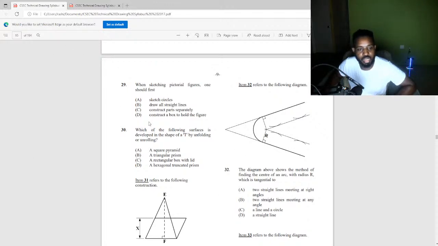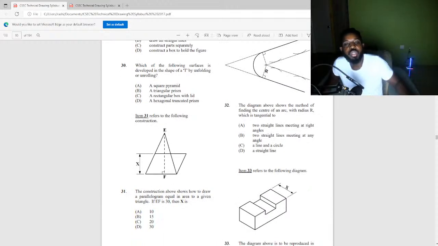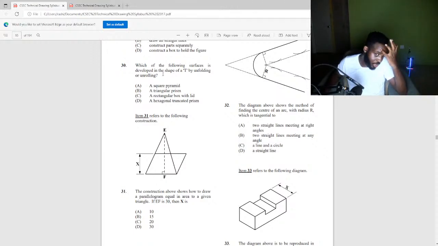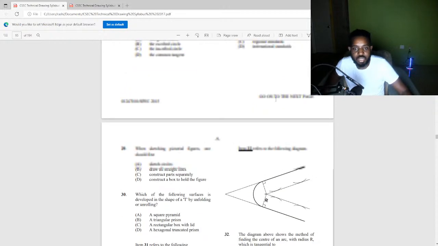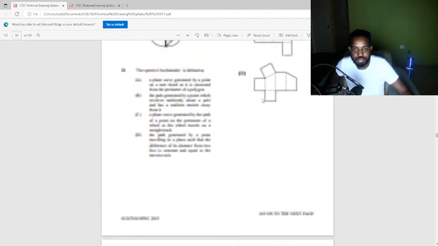Number 30. Which of the following surfaces is developed in the shape of a T by unrolling? Is it a square pyramid, a triangular pyramid, a rectangular box with a lid, hexagonal truncated prism? Oh, it's actually a rectangular box with a lid. If you get a T, it's like this right here.